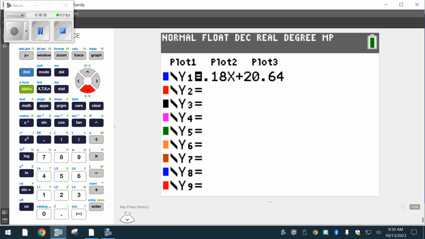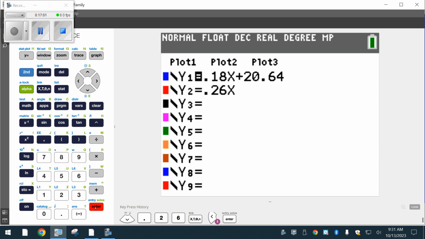And then we have the 0.26 x. Now, if you only want to see one at a time, you guys know how I can turn on and off the equals symbol. If I hit enter on top of the equals, I can turn an equation on and off. It's good when you are just trying to see maybe one of them at a time.